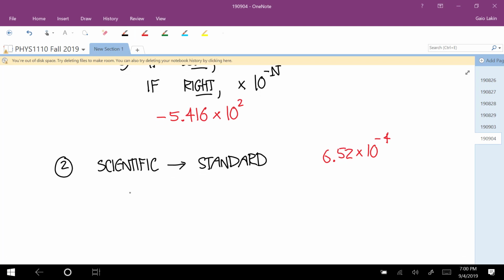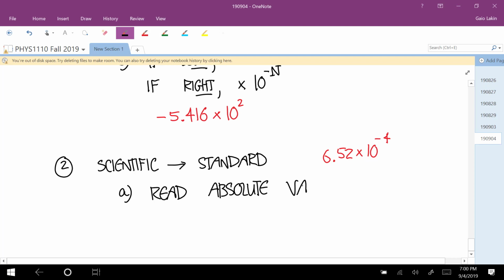So the first thing you're going to do is read the absolute value of the power. And we'll call that one n, capital N. So in the example I have here, n is equal to 4.